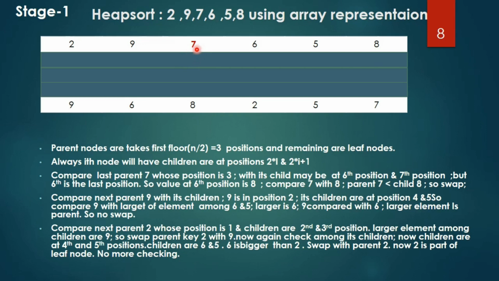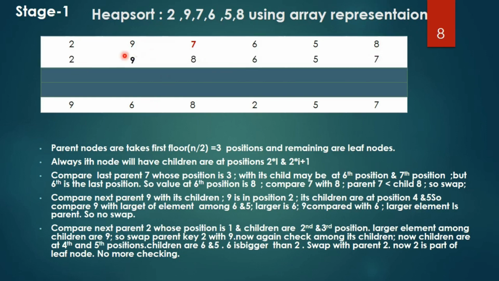So now here 7 is at the third position, its children are at the 6th and 7th positions. As the 6th is the last position, we don't have a 7th position here. 7 has got only one child, that is 8. 7 needs to be checked with the child, and the child is bigger than the parent, so we need to swap here.